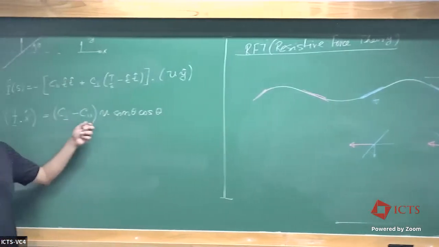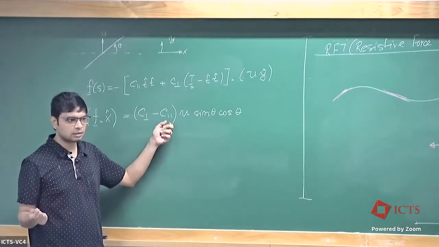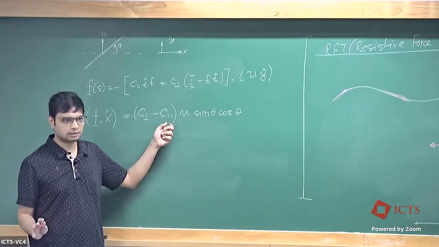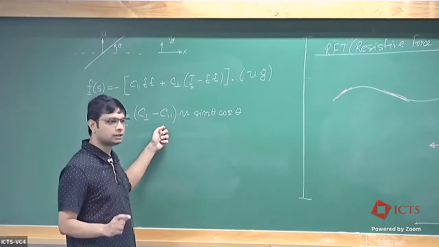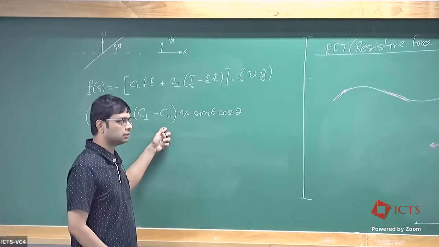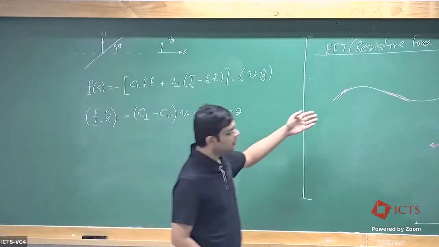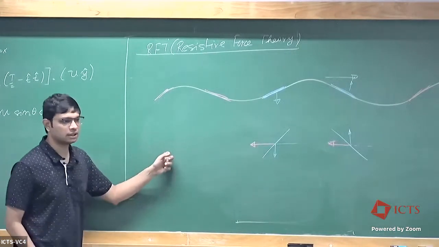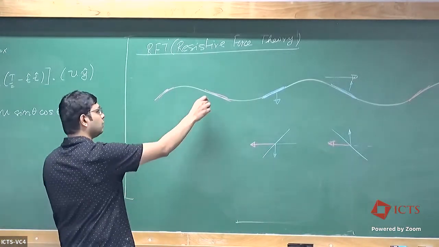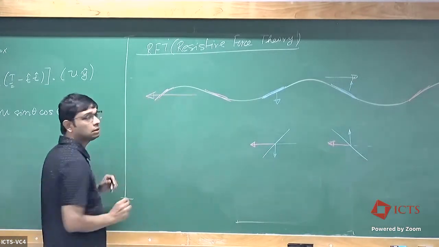If C perp and C parallel were equal numbers, you wouldn't have got any thrust. You're only getting the thrust because the drag forces are not isotropic in all directions. And if the wave is propagating in this direction, if I add up all these thrust forces, I have a net thrust of the whole thing in this direction.